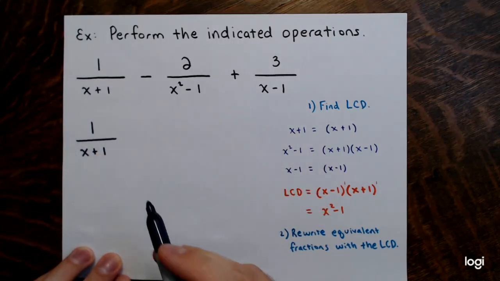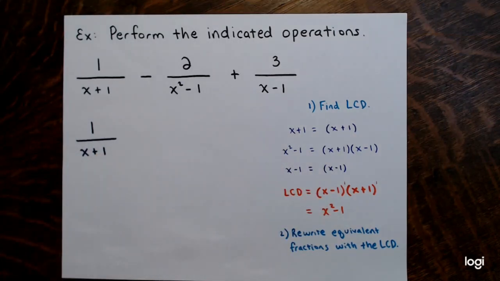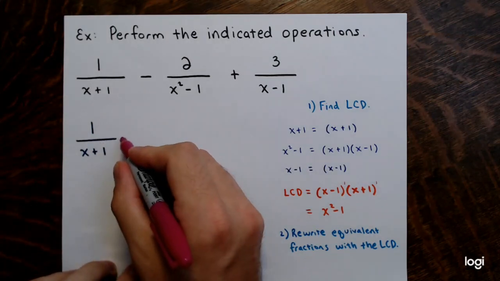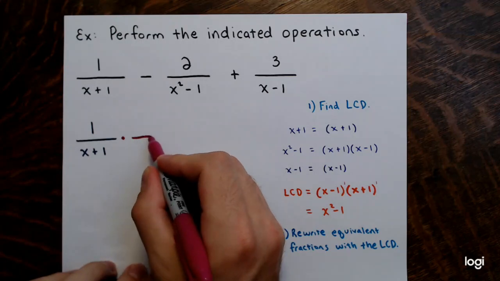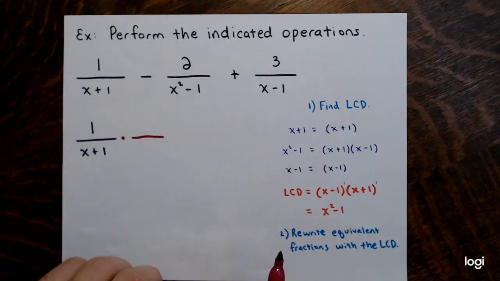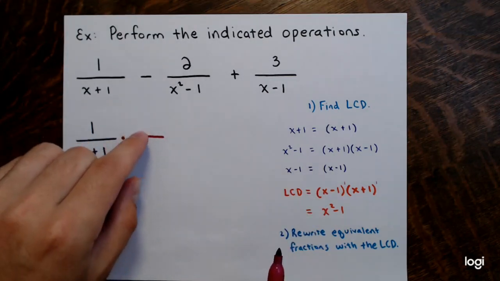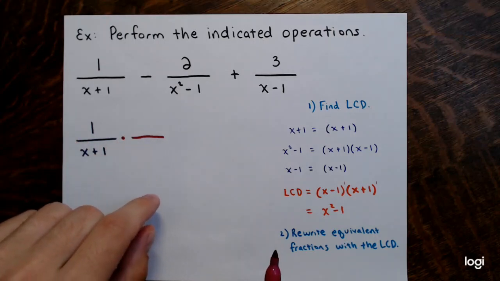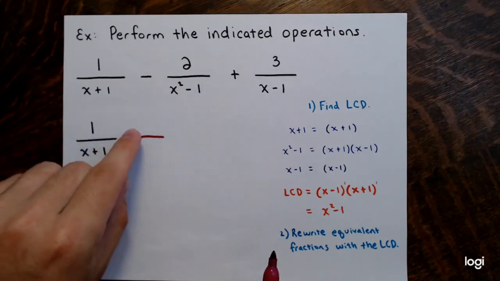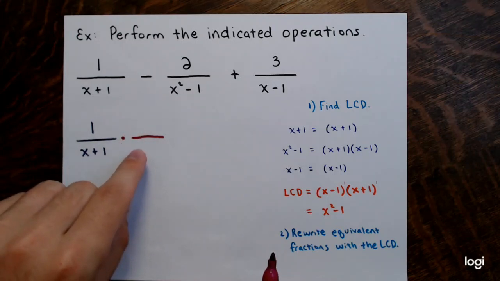And in order to change a fraction to an equivalent fraction, you're going to multiply by 1. When I say multiply by 1, we're going to multiply by a fraction that's equivalent to 1, meaning I'm going to multiply by the same number or expression in the numerator as I do in the denominator.